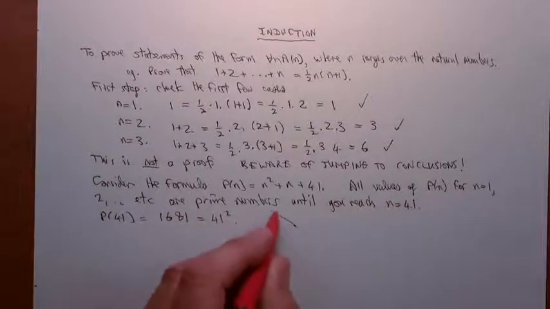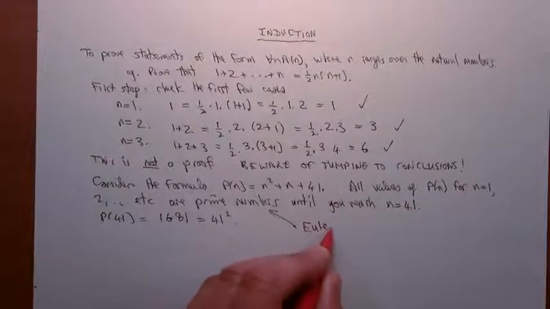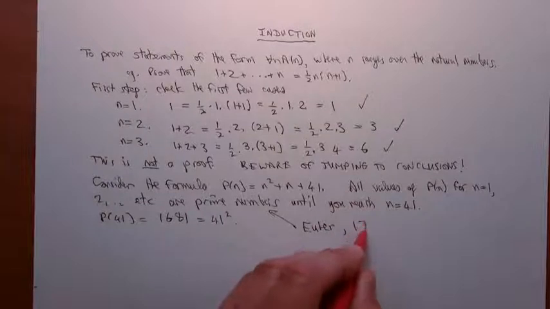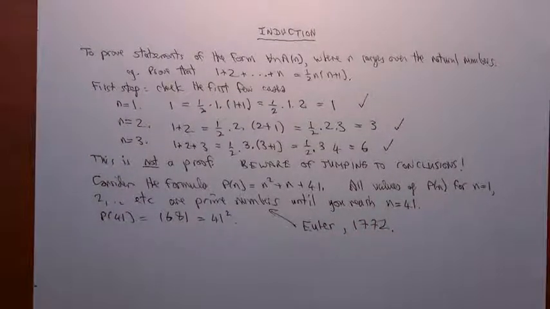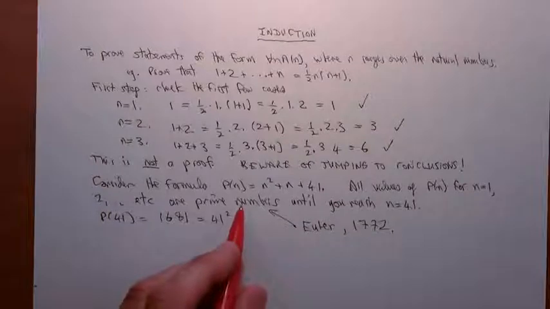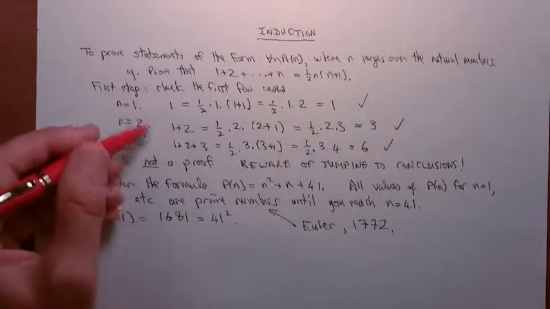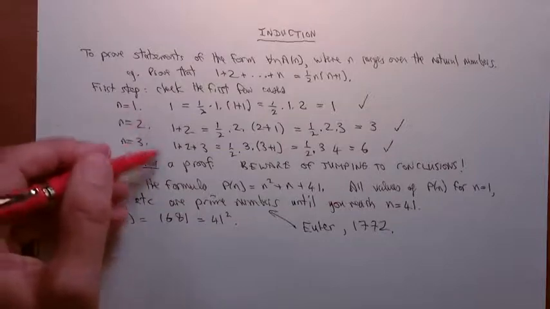This example, by the way, is due to the famous Swiss mathematician Leonhard Euler in 1772. And it's a cautionary tale telling us not to jump to conclusions based on numerical evidence. Nevertheless, it's often a good idea to begin looking at a problem by working out a few cases.